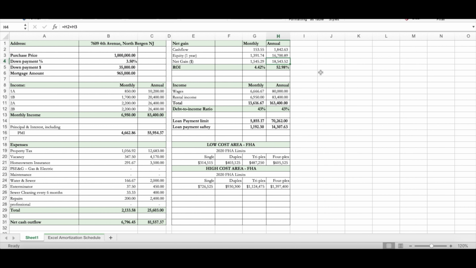And with the equity, your first year you make a 53% return on your investment. I think this is a really good property. The numbers make sense. It fits the criteria of the FHA loan. Your income and debt to income ratio fit the criteria.